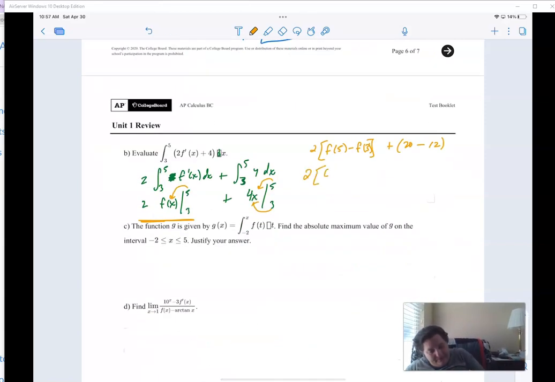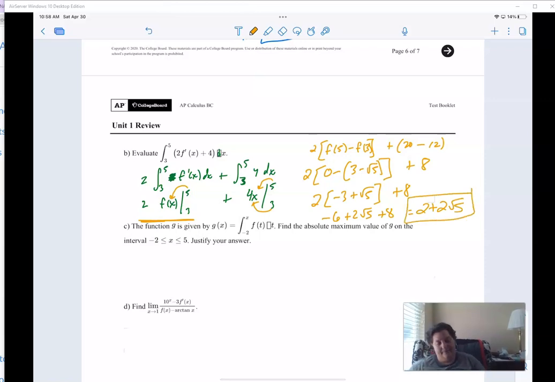Okay. 0 minus (3 minus square root 5) plus 8. If I distribute that negative, that'll be negative 3 plus root 5 plus 8. So that's going to be negative 6 plus 2 root 5 plus 8, which is going to give me 2 plus 2 root 5. All right? So I got 2 plus 2 root 5.